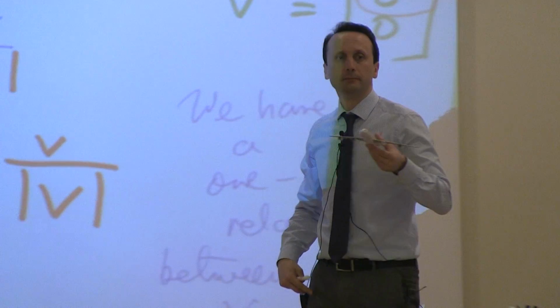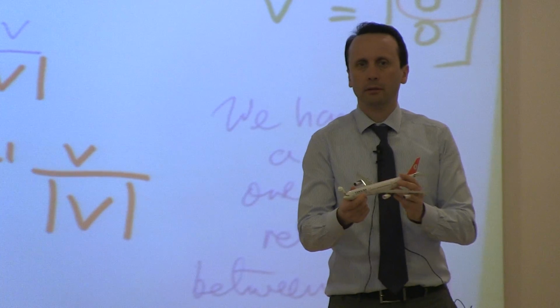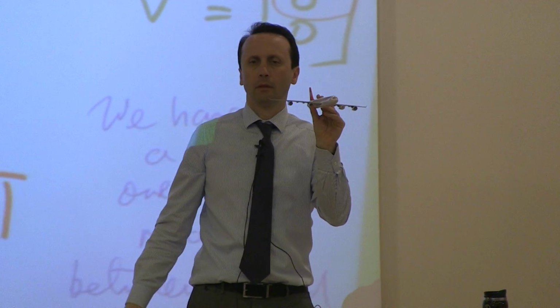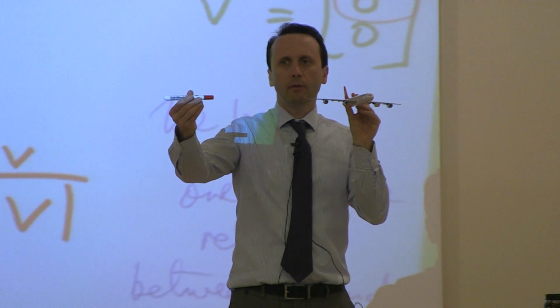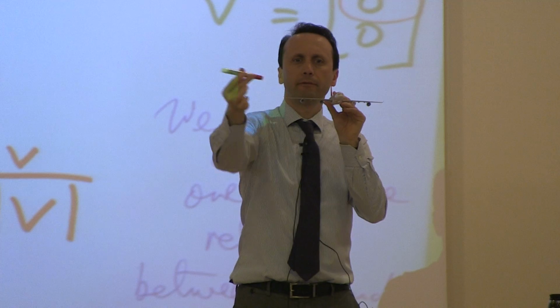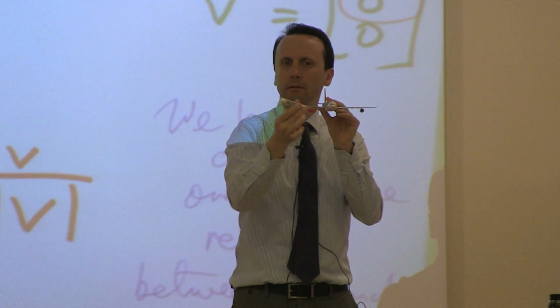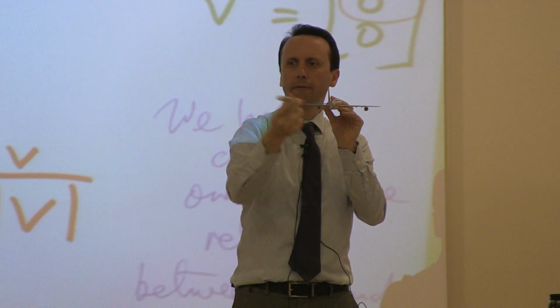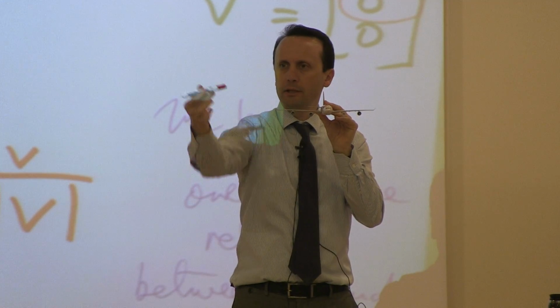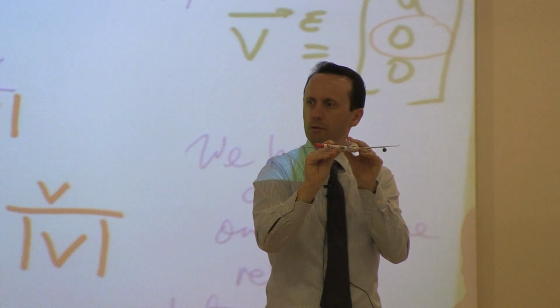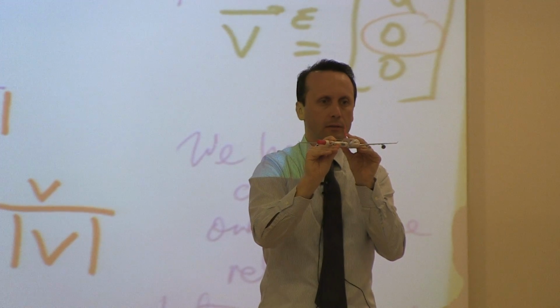Let's look up here. This is my airplane, all right? And let's say I have V infinity coming from here. What does it mean? If the atmosphere is still, and this is V infinity, that means my velocity must be in that direction, isn't it?